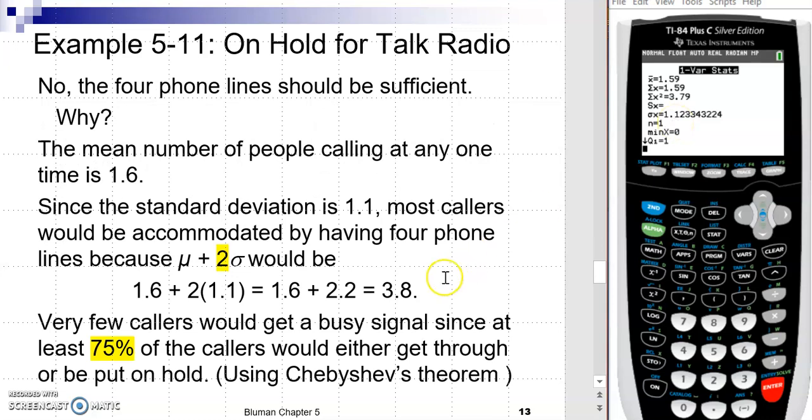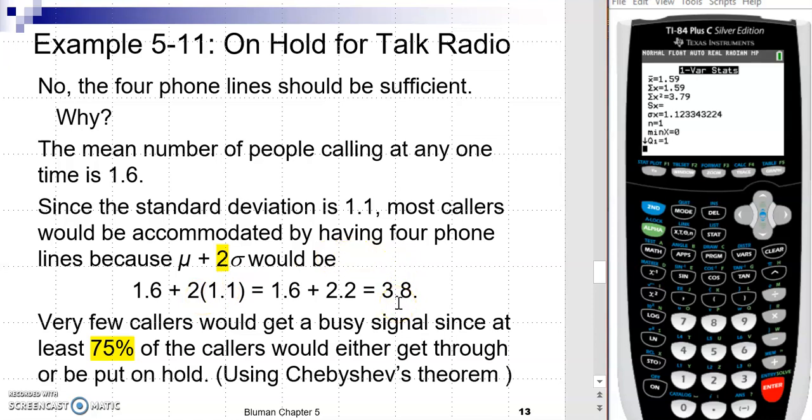So let's go back and think about Chebyshev's theorem. Chebyshev's theorem says that at least 75% of the callers will get through if we're looking at 2 standard deviations from the mean. So if we take that 1.6 and we add 2 standard deviations of 1.1 and another 1.1, then that's going to give us 3.8.